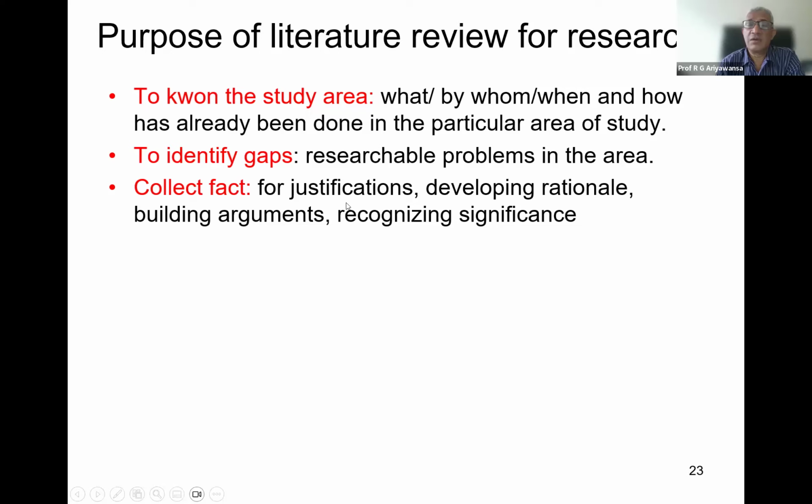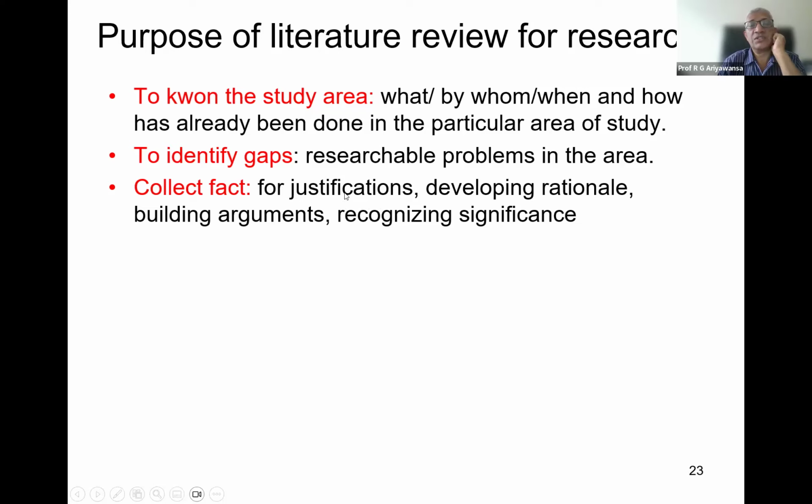What offices are there, what areas are available, by whom the properties are used, etc. In order to justify the problem, for that you have to collect data, available properties, available areas, etc. So for that you have to read.